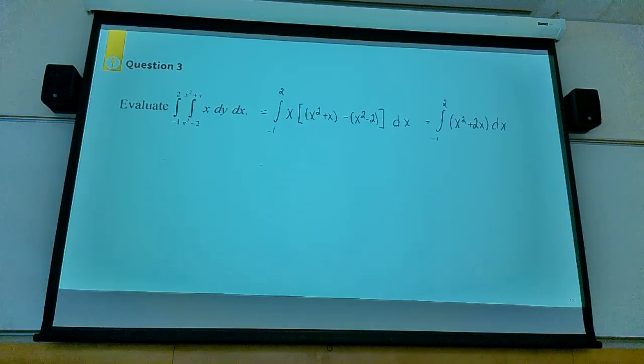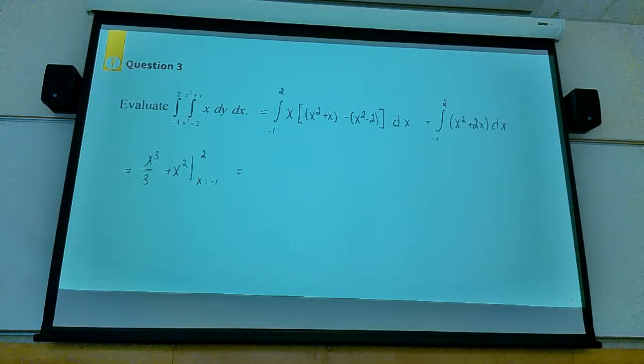And once again, that is a simple Calc 1 integral. Two cubed is 8.